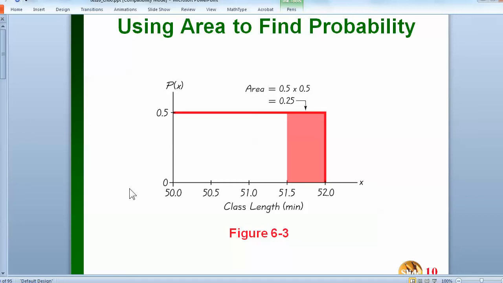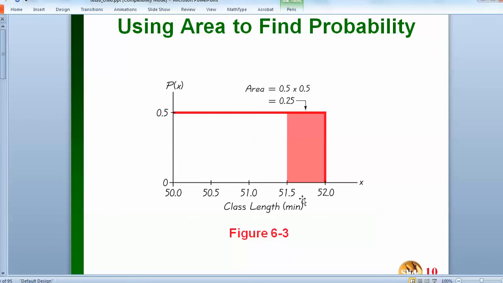So you can calculate the uniform probability height of 0.5, because this distance down here is a length of 2, and we know that the total area under the curve has to be 1. So what would you have to multiply 2 by to make a total area of 1? You'd have to multiply by a half, this height of 0.5.